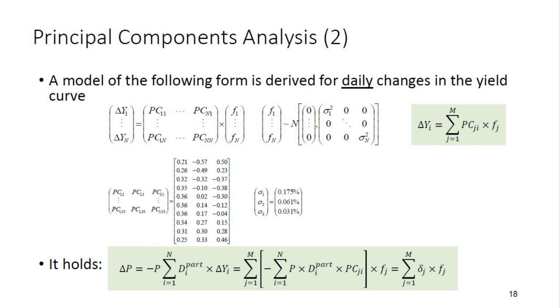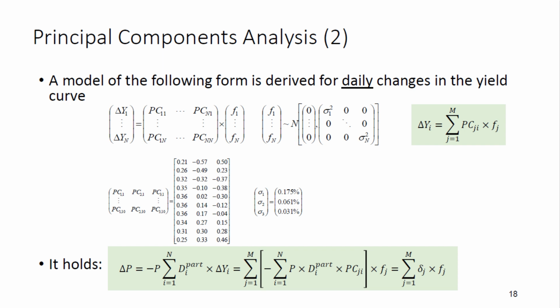We now will go one step further, and we will try to write the relationship between the change in the portfolio value in terms of a change in the factors. So instead of looking at a change in the portfolio value and a change in the yields, we look at a change in the portfolio value and a change in the factors, and the factors build up to the yields. So what does that look like?